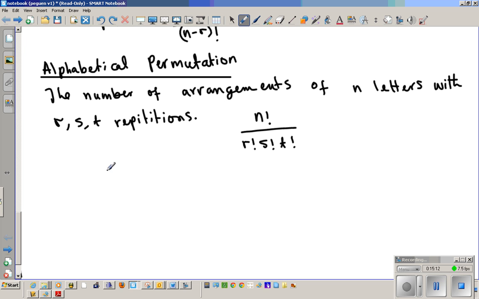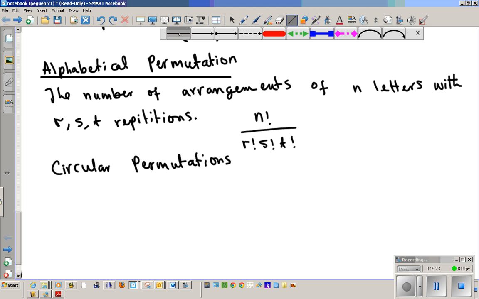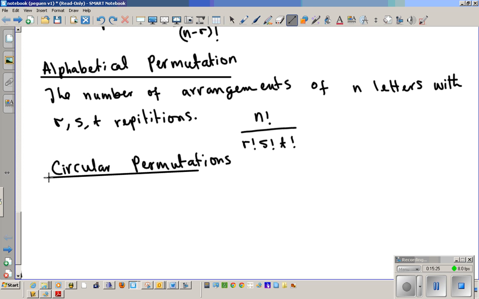Ordering letters. The other one is known as circular permutation. That one is the number of ways you can arrange something in a circle.